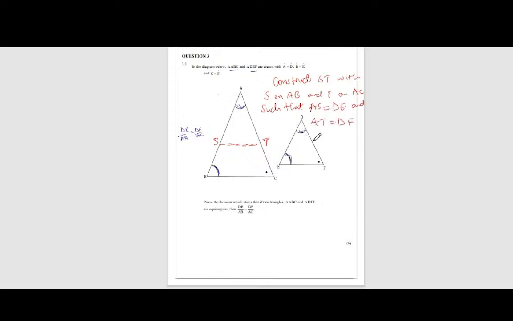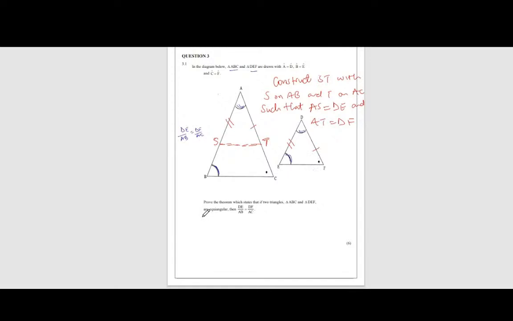So that's going to be the first statement we make. Then, the construction having been made, remember our condition: this must be the same as this, and this has to be the same as that.